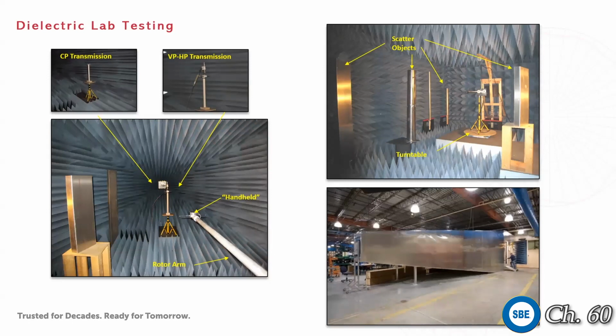Starting out first in our lab in the anechoic chamber, we set up on the transmission side both circular transmission as well as vertical and horizontal transmission. The environment is set up to be a very heavy scattering environment. And at the other end, we have a simulated handheld device that is sitting there and turning on a turntable.